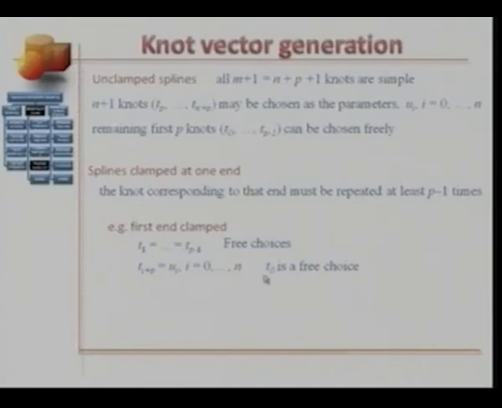As you would know, this is again a free choice. So we can set t0 equals t1, implying that the first p knots now are equal. It doesn't change things much. We'll still be getting our spline clamped at the first end.